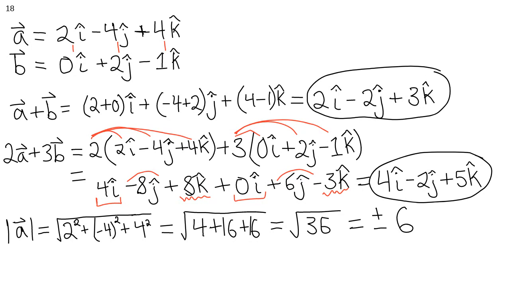It's an absolute value, so it's positive. It's positive 6 because this is length. Length is always non-negative. You can't have negative length. Excellent. 6 is the answer.